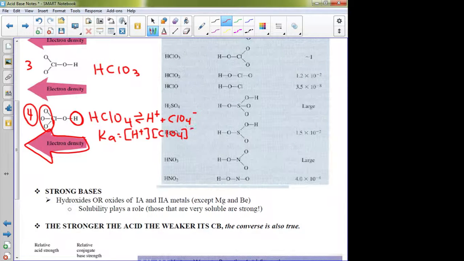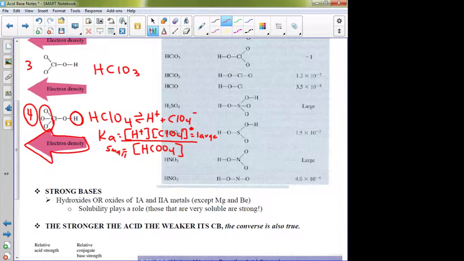Since it broke apart completely, do I have very much reactant left? No. I have very little reactant, so this number is going to be very small. Since it broke apart completely, do I have a lot of product left over? Yes. So my number on top should be very large.